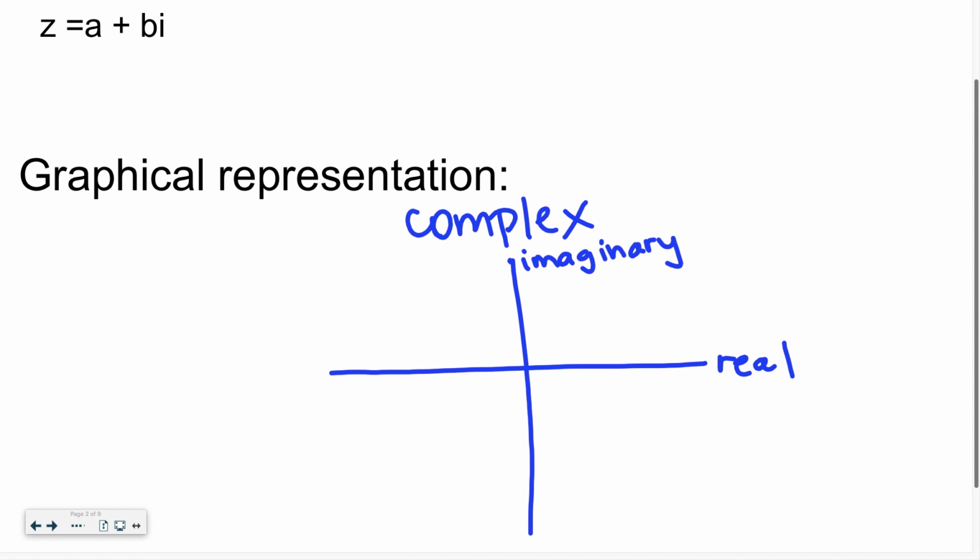So if I were to graph the number 2 plus 3i, I would go right 2 on the real axis and up 3 on the imaginary axis.